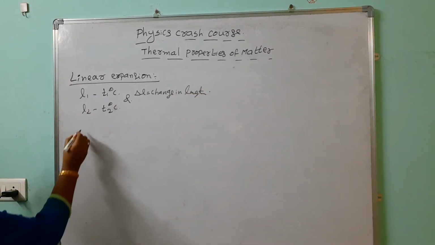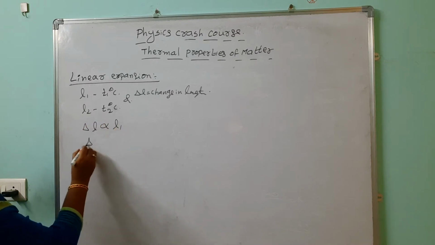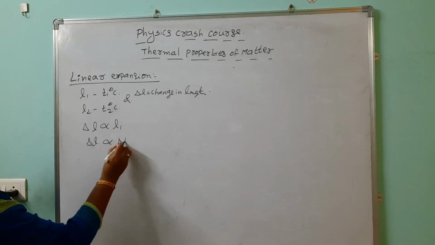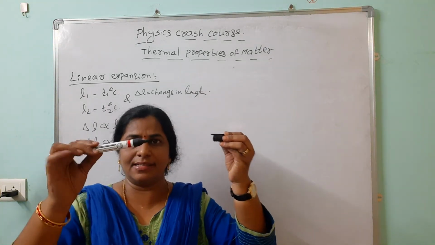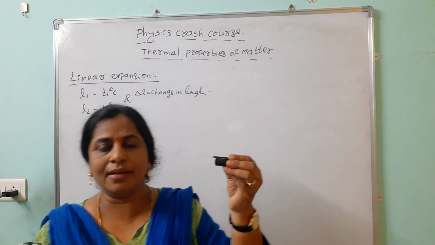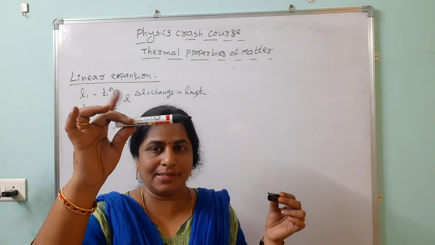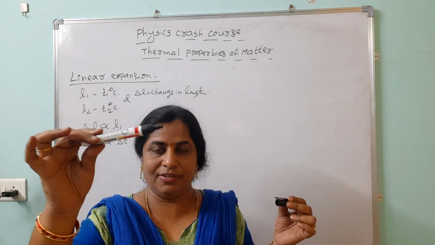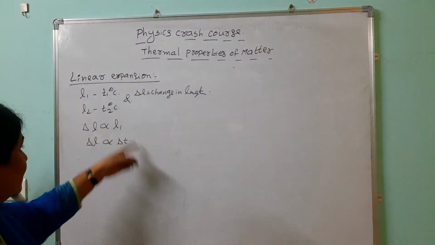You know that the change in length is directly proportional to the original length, and the change in length is directly proportional to the change in temperature. Suppose you take this one wire and this another wire. Here also I am applying 30 degrees centigrade, and here also 30 degrees centigrade. Where should you observe more expansion? It depends on the original length also. If the length is more, the expansion is more. That's why I have given this relation.